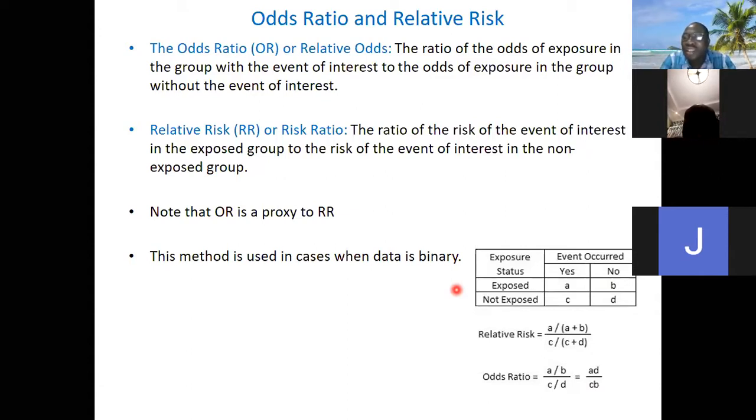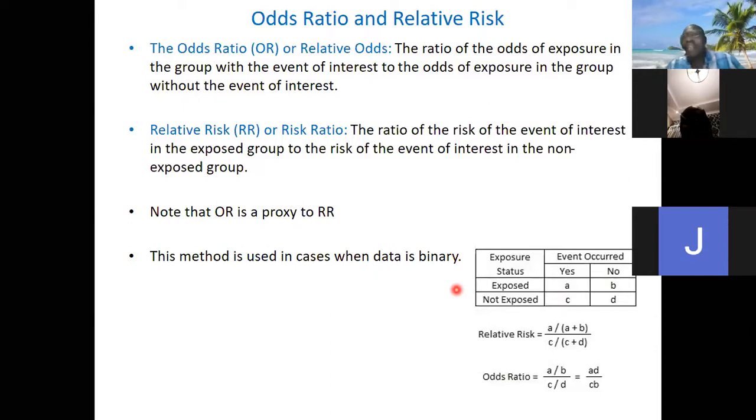That is the risk of lung cancer. How many develop lung cancer over the total of the smokers? How many develop lung cancer over the total of non-smokers? Those two risks, if you divide them, you put the one among the smokers over the one among the non-smokers. That is relative risk. You see, you are calculating risk directly.